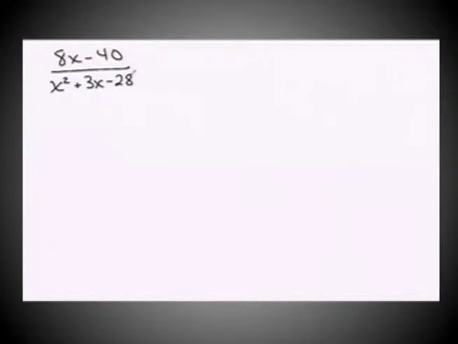So we set up the situation of taking the denominator, x squared plus 3x minus 28, and equaling it to 0. Now when we solve this equation, the solutions for x will be those that make the denominator equal to 0, which will become your excluded values for this particular expression.